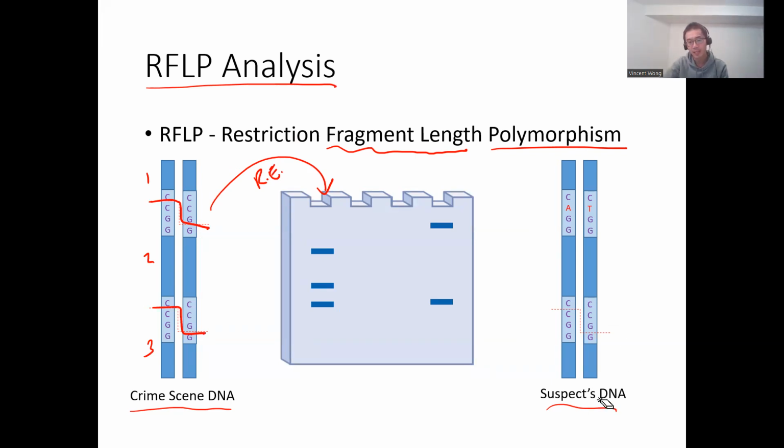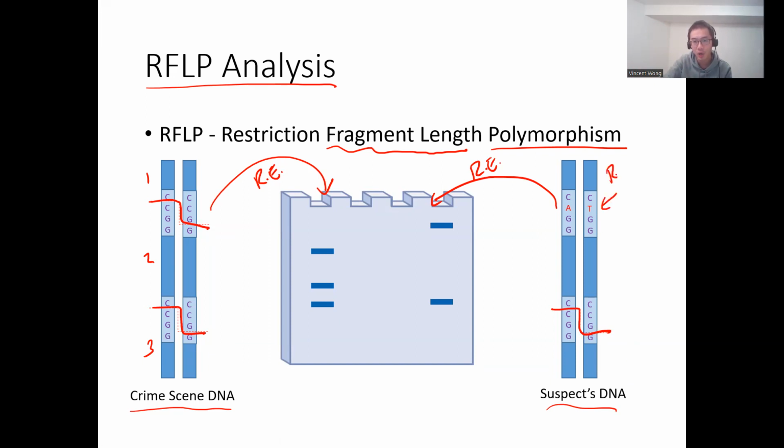Now, in the suspect's DNA, if this happens to be a different person, his DNA contains a silent mutation that causes the CC to become a CA. Because the mutation happens to be in the recognition site, when you treat this with the same restriction enzyme, you will only cut it once here. Right?